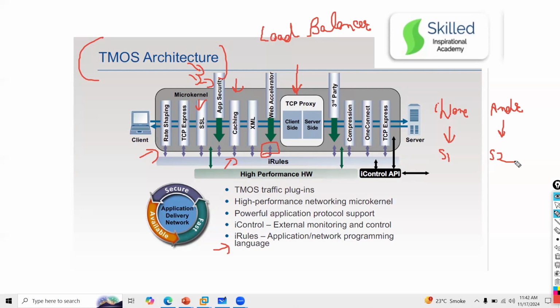This is a high performance hardware device. It helps you to deploy applications securely. Availability is 24 into 7, and fast. These are the three terms you need to remember.